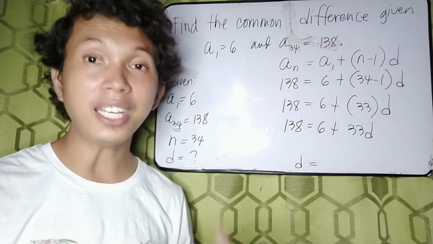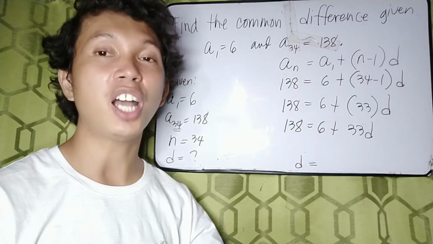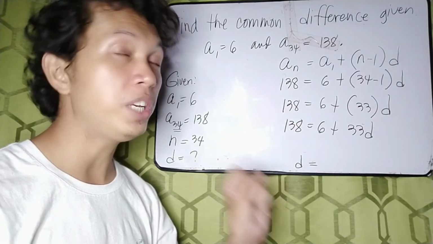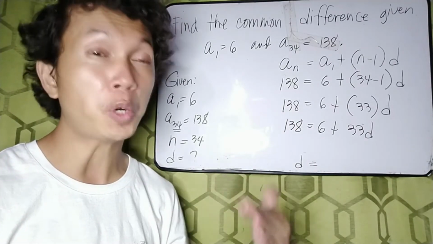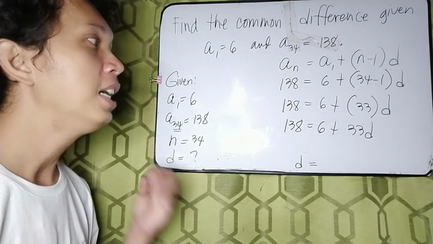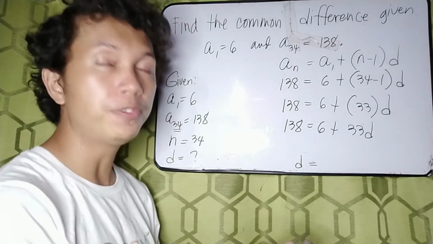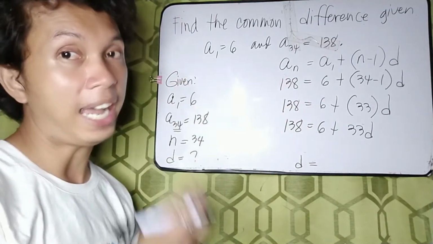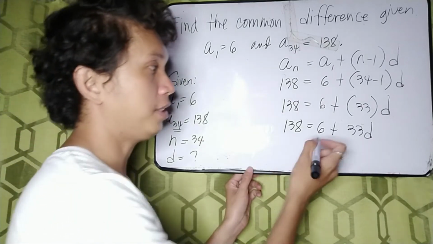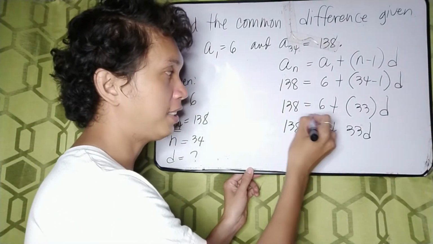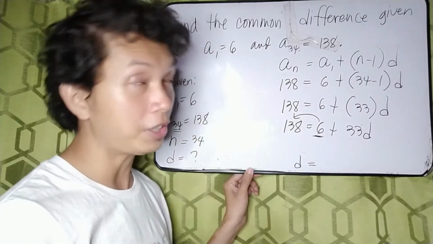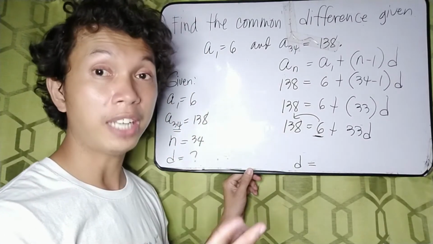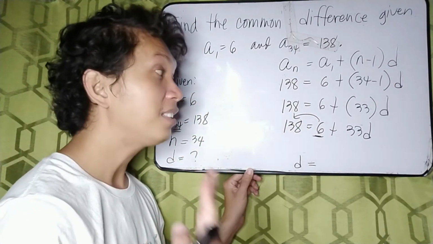And since 6 is on the other side of the equal sign, then we do the addition property, and the shortcut is called transposition. So we have to move 6 to the other side of the equation. So let's move 6 to this side so that 138 and 6 would go together because they are like terms, no variable.